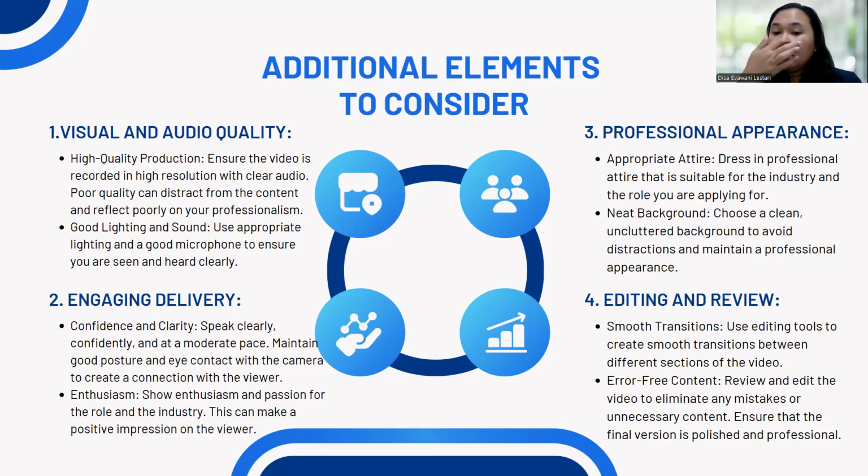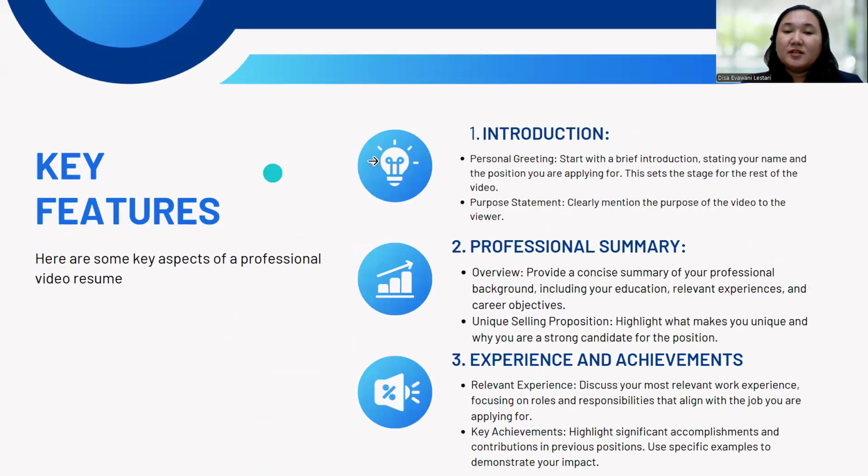Fourth point is editing and review. If you cannot speak in one go, maybe talking for 1 to 2 minutes is a lot for you, well, don't worry about that. You can split this information into maybe 4 sections, just like the division that I already gave you.